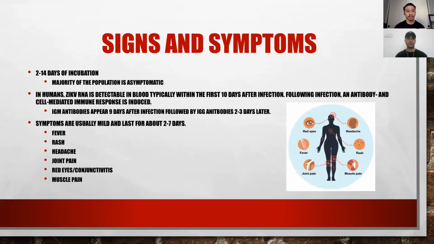IgM antibodies appear 9 days after infection, followed by IgG antibodies 2 to 3 days later. Symptoms are usually mild and last for about 2 to 7 days. These symptoms mentioned earlier include fever, rash, headache, joint pain, red eyes or conjunctivitis, and muscle pain.